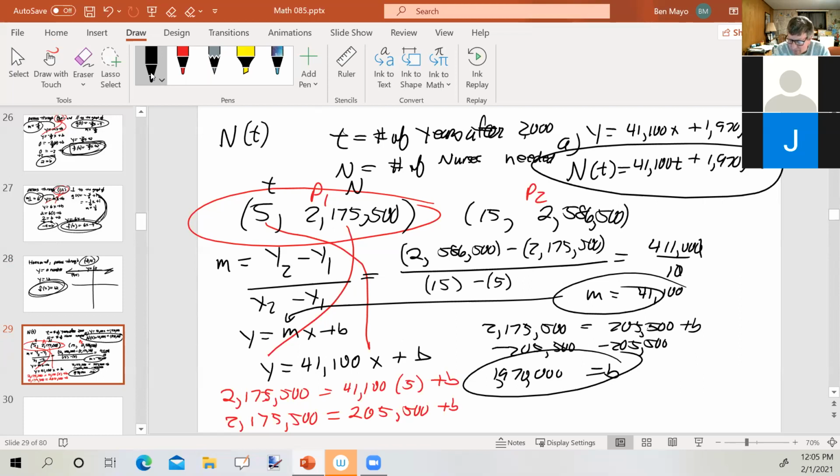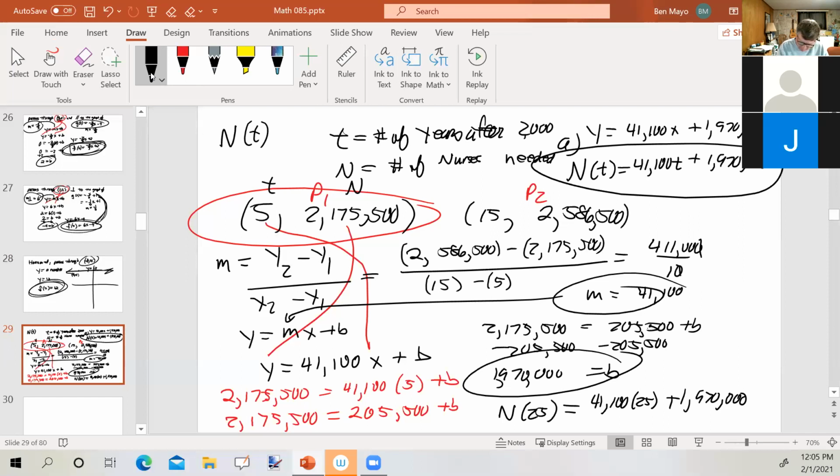Right. So we want to find N of 25. We're going to put 25 in the place of T. N of 25 is going to be 41,100 times 25 plus 1,970,000.